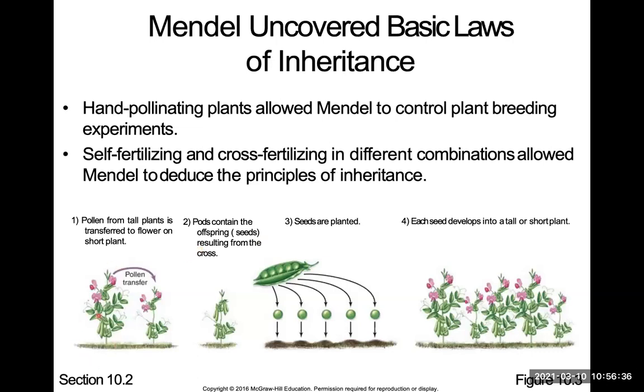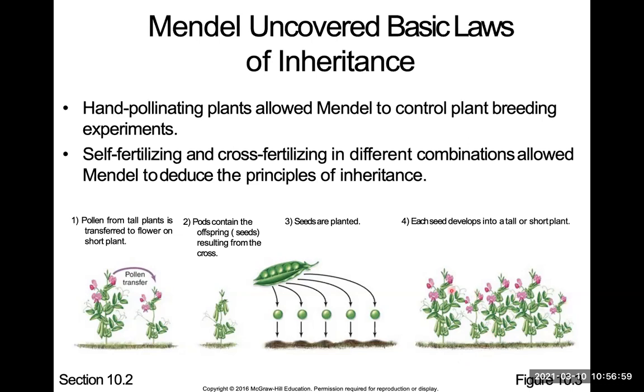Maybe this pea plant is tall, this pea plant is short. Then he would take some pollen from this tall plant and brush it onto this smaller plant. And then he would get a hybrid. Then he would plant the hybrid and count how many tall plants he got and how many short plants he got.